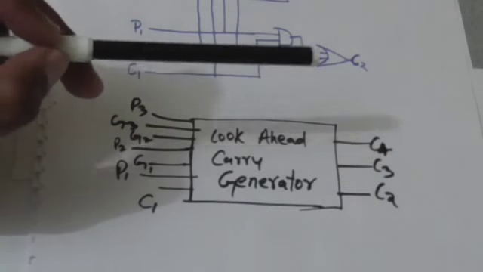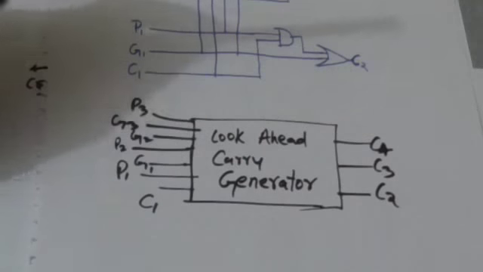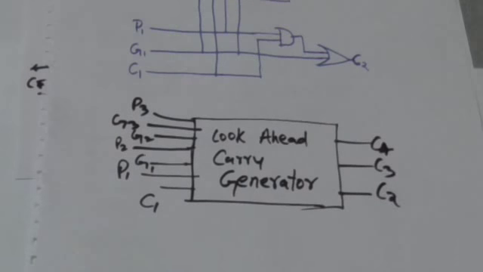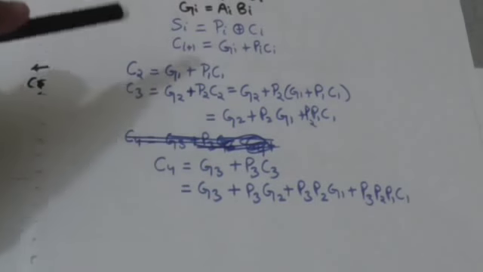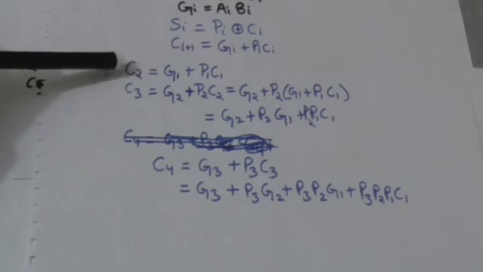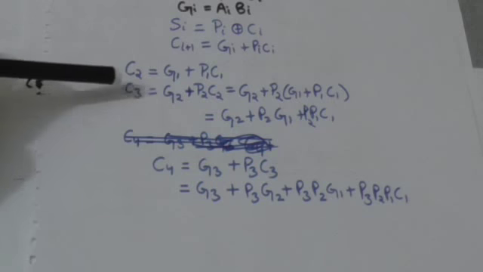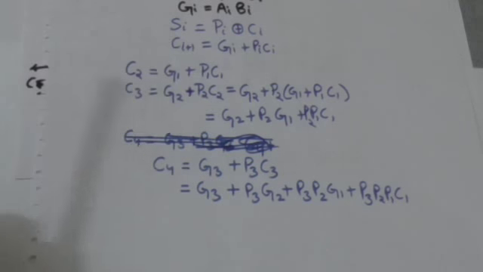C2, C3 and C4 are the carries. So these are the Boolean functions for C2, C3 and C4 in terms of P3, G3, G2, P2, G1, P1 and C1.